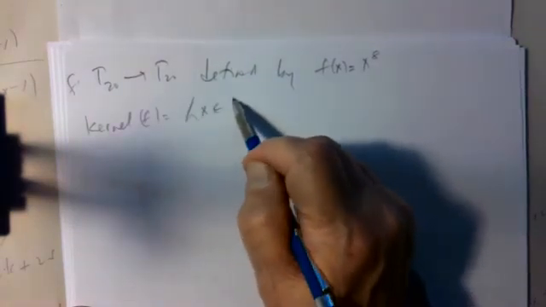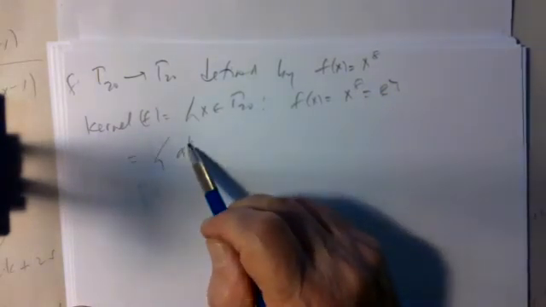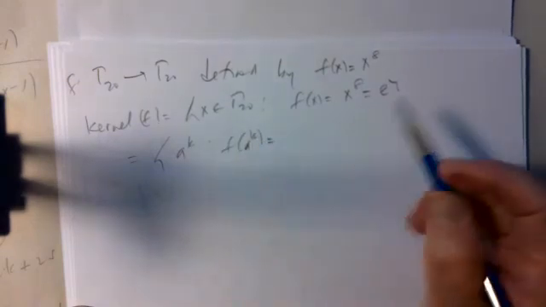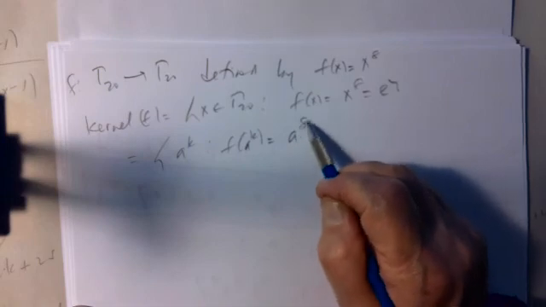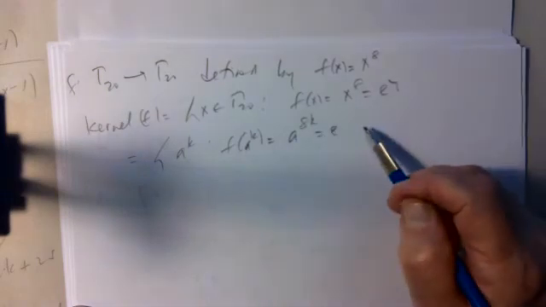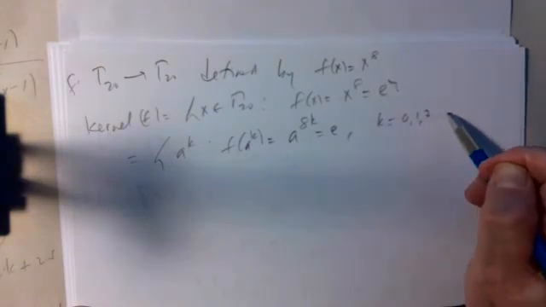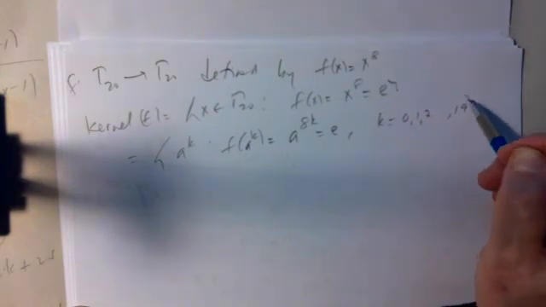So the kernel of f is all x in the group, where f of x, which is x to the 8, is the identity. Or we can say this is all a to the k, where f of a to the k, which is a to the 8k, is the identity for k between 0 and 19.